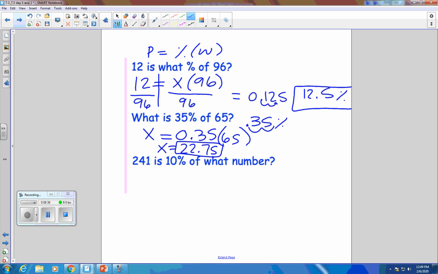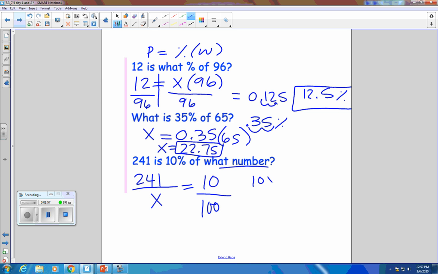My last one, 241 is 10% of what number? 241 is my part. And I'll do percent proportion. So part over whole, we don't know our whole, that's going to be our number, equals 10% over 100. Percent over 100. Then we cross multiply.